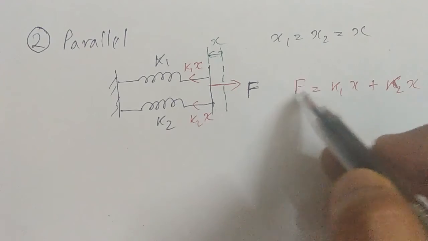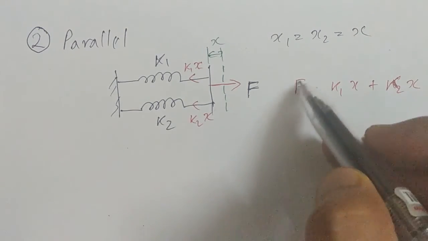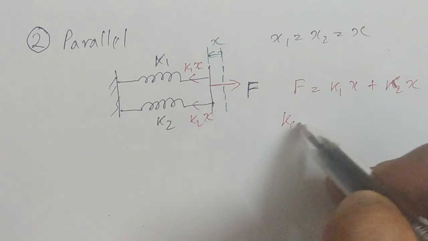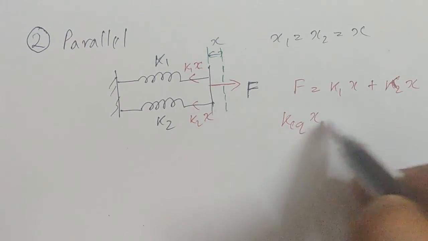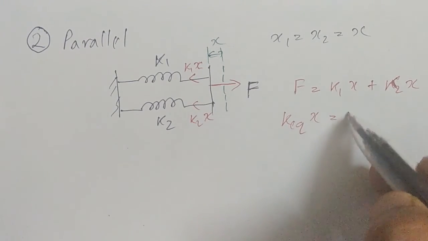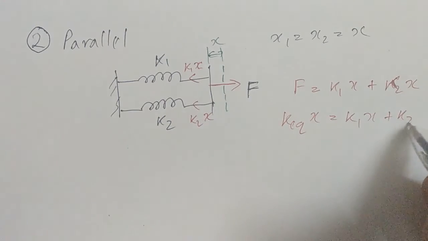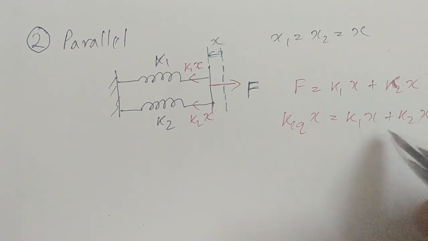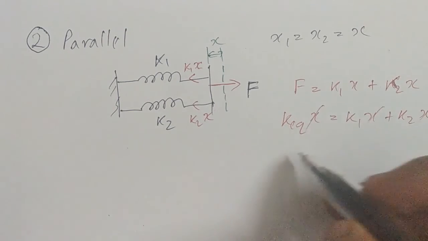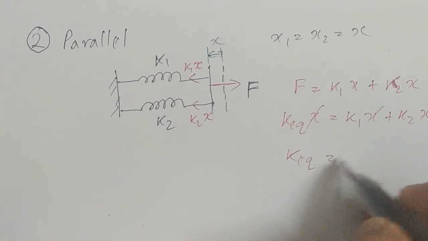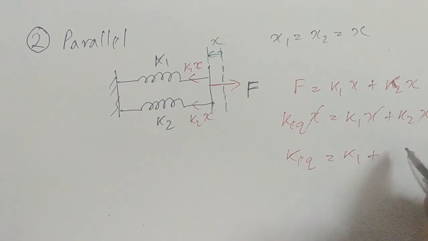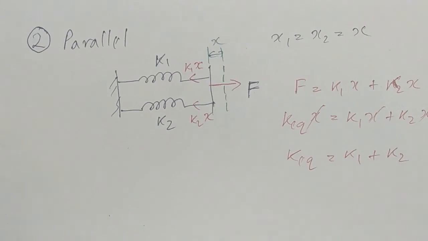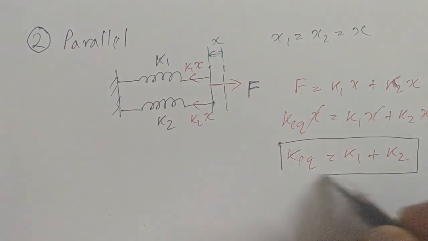This can be written as K equivalent into x, equal to K1x plus K2x. All the x will get cancelled, so K equivalent in case of springs in parallel is given by K1 plus K2.